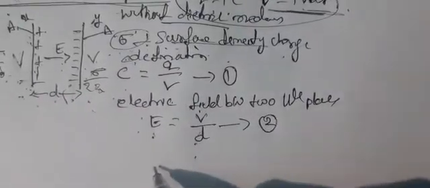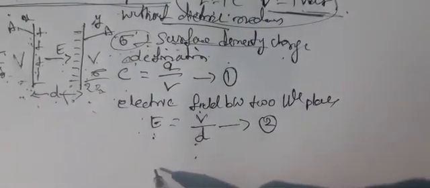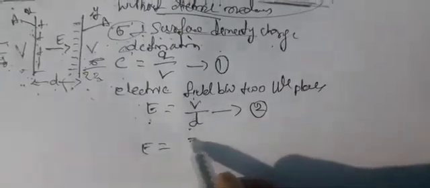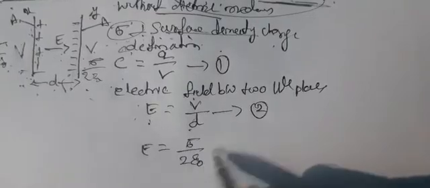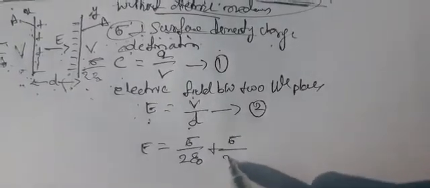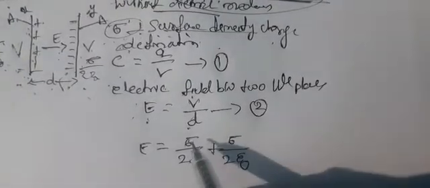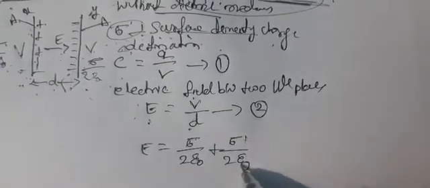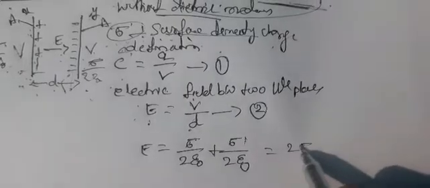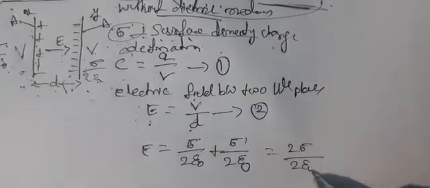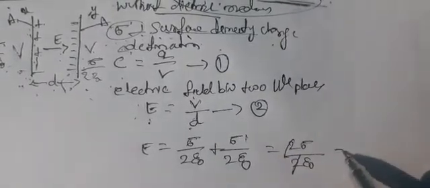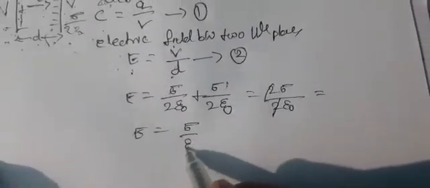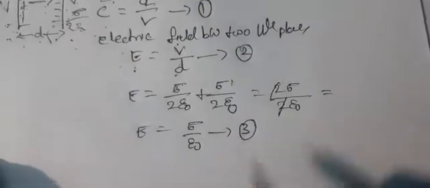For the two thin charged plates, E is equal to sigma by 2 epsilon naught plus sigma by 2 epsilon naught, the field due to the first conductor and the second conductor. That is 2 times sigma by 2 epsilon naught. The 2s get cancelled, so E is equal to sigma by epsilon naught. That is called equation number 3.